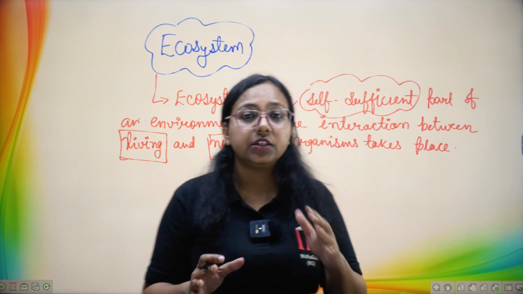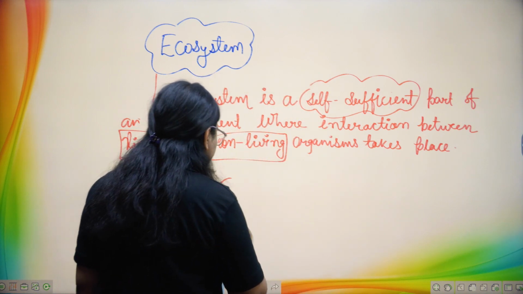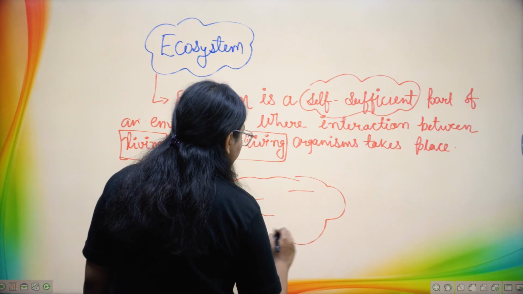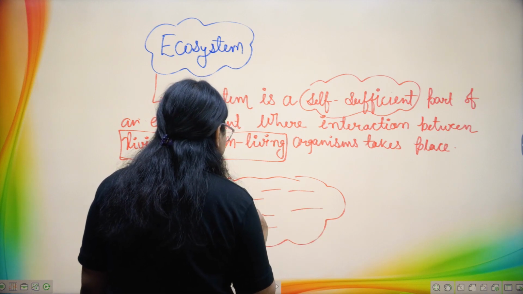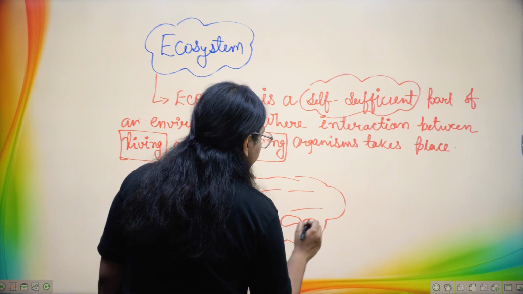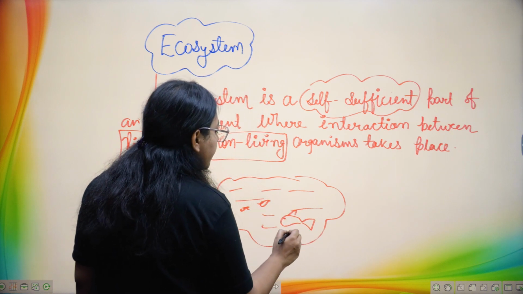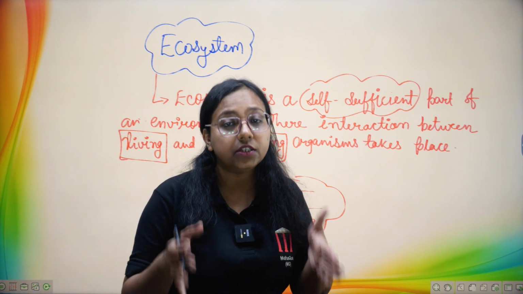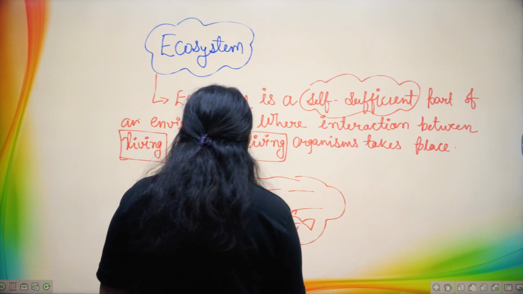That is called an ecosystem, right? Let us suppose there is a pond in which there are some microorganisms and fishes. Fishes are living, right? So these are living together. This is called an ecosystem.